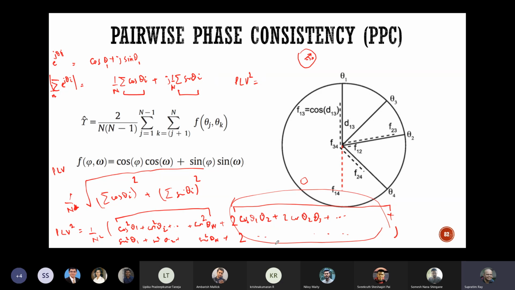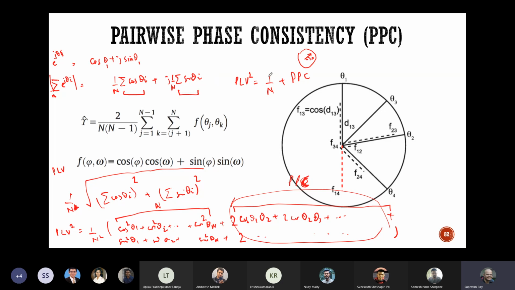So this thing here is actually your PPC. And you expect when vectors are completely random, this term to be 0. But when you compute the PLV, it won't be 0 because there will be n such terms here. So it's actually going to be this. So this is the bias.